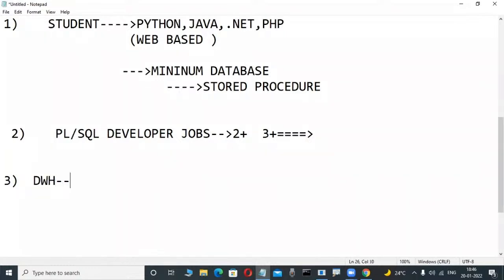In that, there are ETL programmers and reporting programmers. ETL means extraction, transformation, and loading tools. These persons need a little bit of SQL knowledge; PLSQL is not required. Having an idea, they learn the tools in institutes. Informatica is a very popular tool.